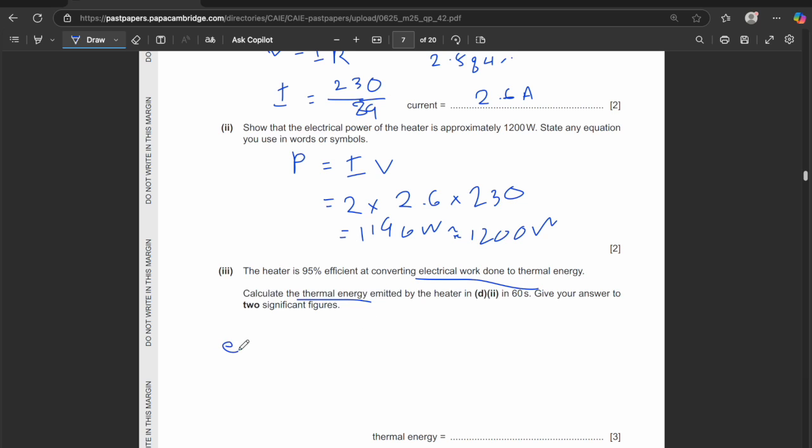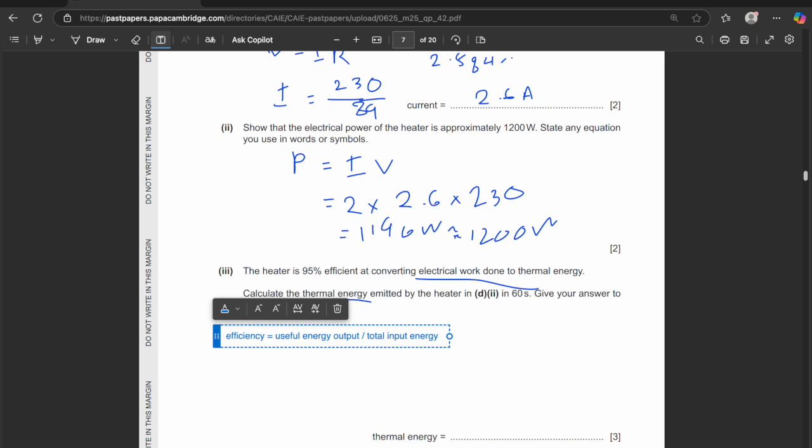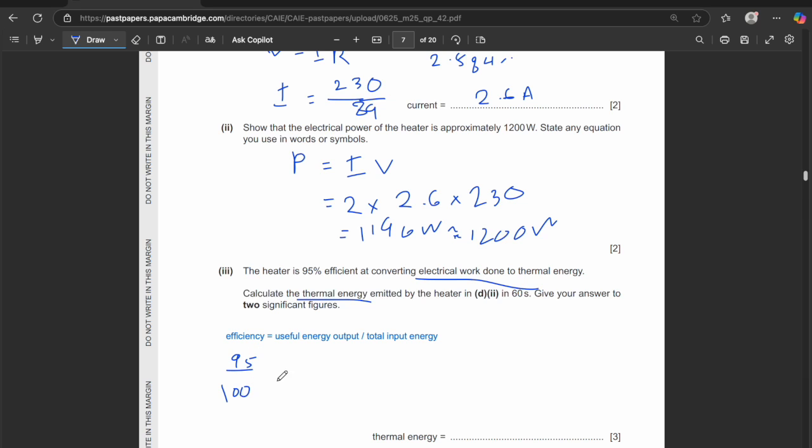Let's write the equation for efficiency. Efficiency is equal to useful energy output divided by total input energy. Since it is 95%, which is 95 divided by 100, that is equal to the output, which is emitted.